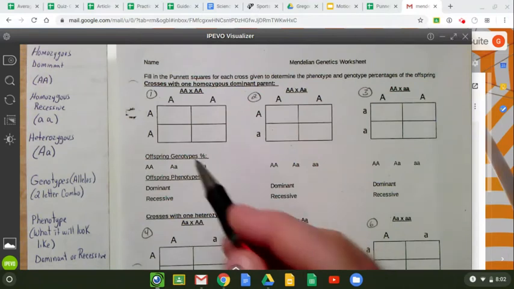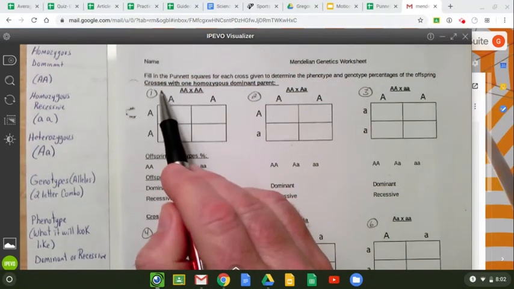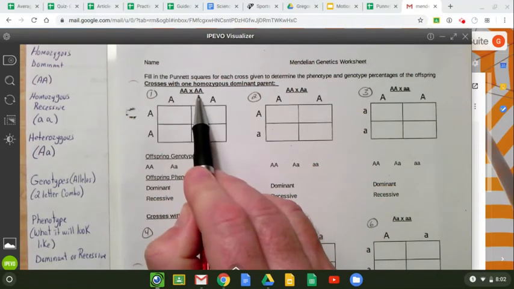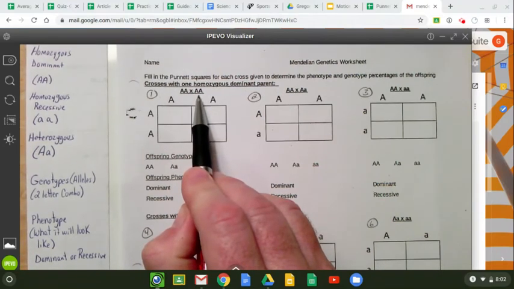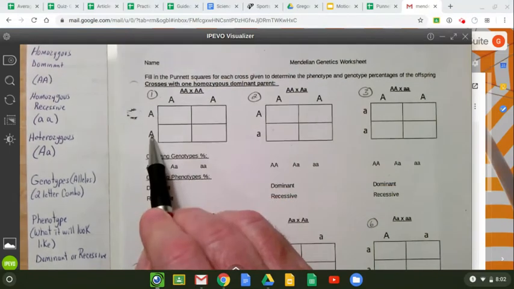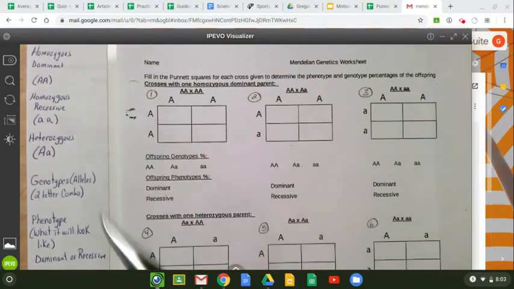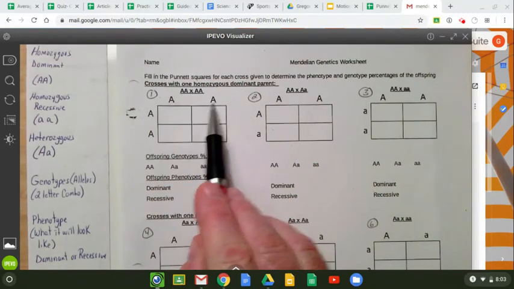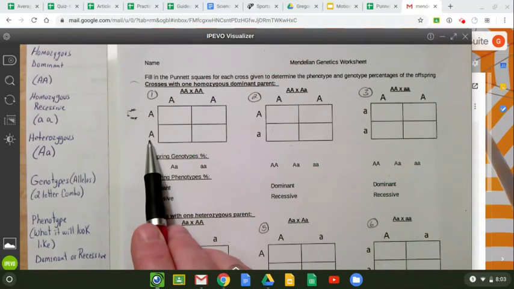Okay, so here in Punnett square number 1, we are going to cross homozygous dominant with another homozygous dominant. And as you can see, we put 1 parent up top, 1 parent to the side. So for our purposes here today, why don't we say that the father's genotypes will be on the top, the mother's genotypes will be on the side.